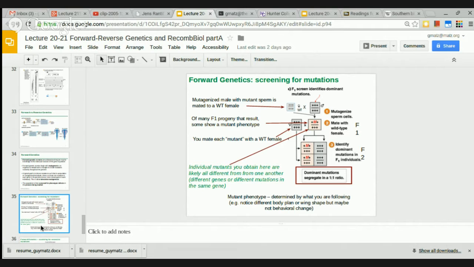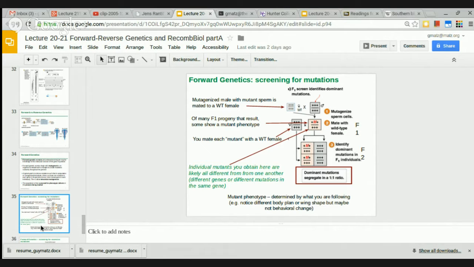So not all of your progeny are going to have a mutant phenotype, but some of them will. Now what you do is take the mutants and mate them to wild-type females. And if, as you hope, this is a genetically transmitted trait that you're looking at, then half of the progeny should show the same mutant phenotype as that parent. Okay? Simple Mendelian genetics that you are now very familiar with.